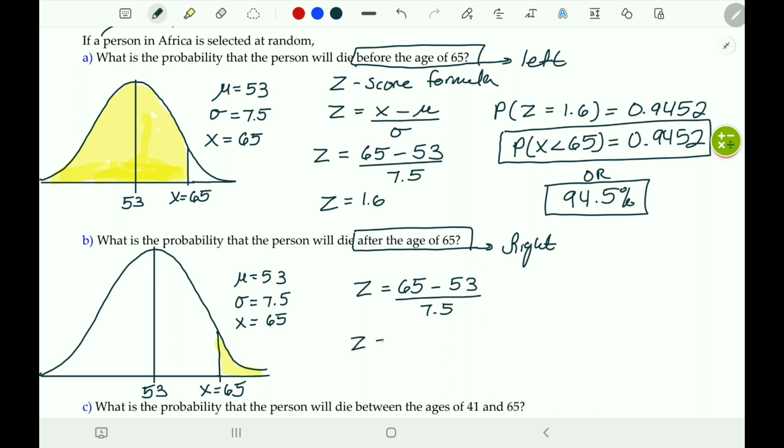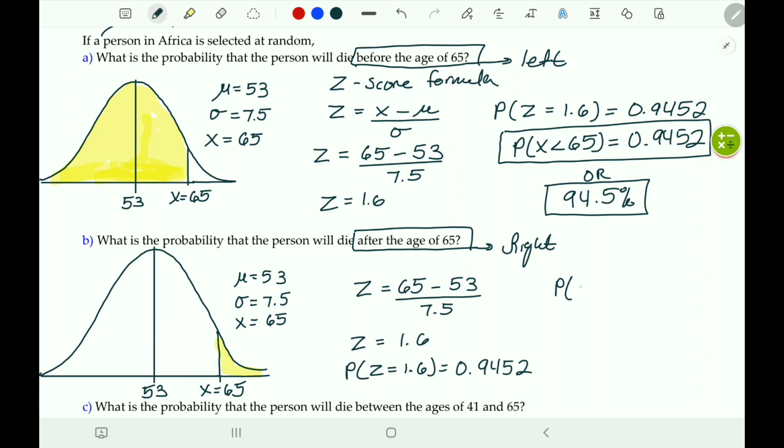We already know that z equals 1.6 from before. We know the probability that z equals 1.6 is 0.9452. But because the area is shaded to the right, you must subtract the probability from 1.